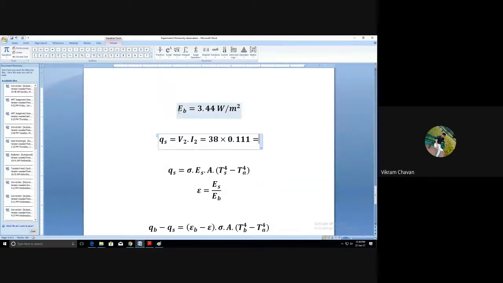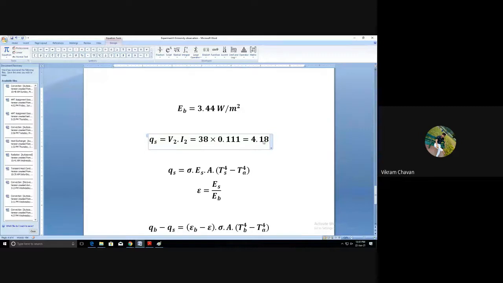Then, okay, so Q suffix s is 4.18. How come 4.18? 4.18, right?